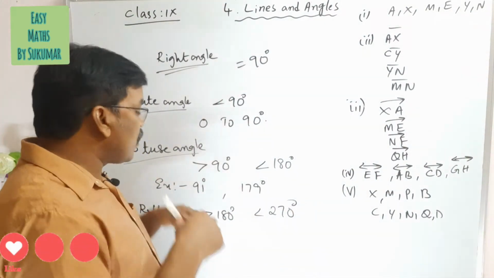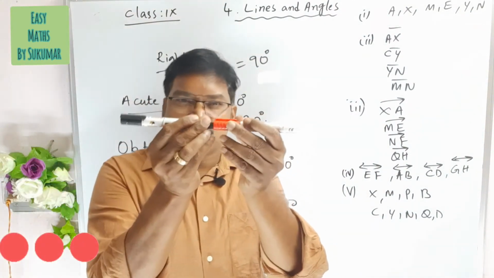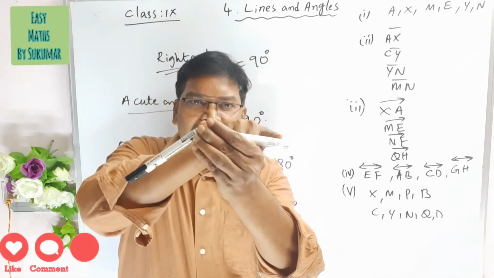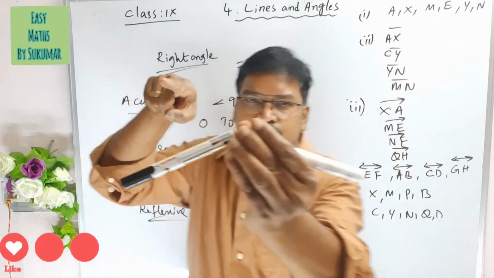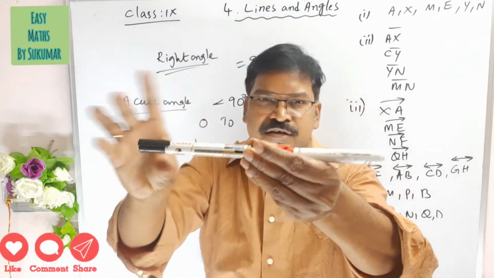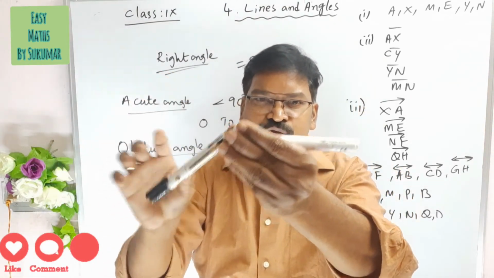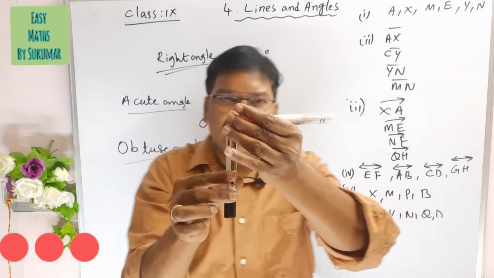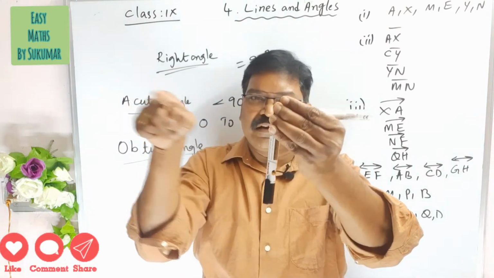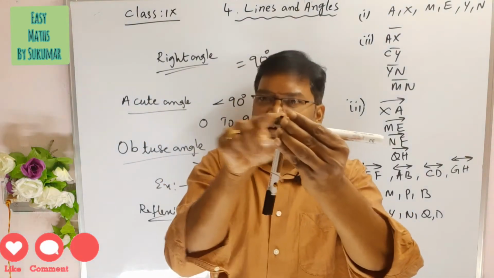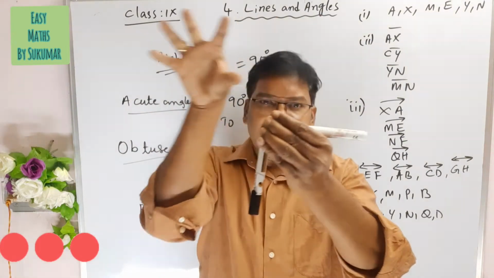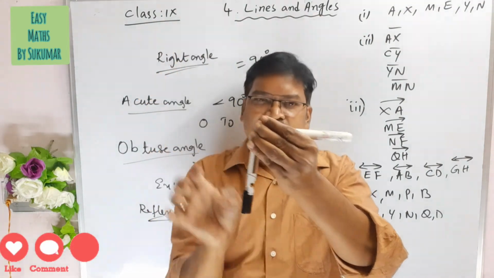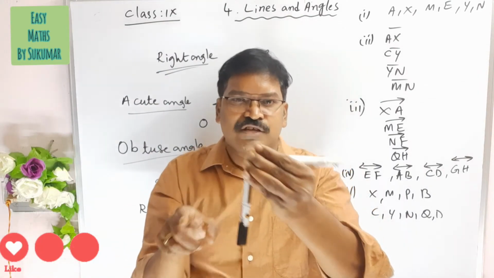This is 180 degrees, and this angle is more than 180 and less than 270. This is 270: first 90, second 90, third 90. So this is 270 actually.